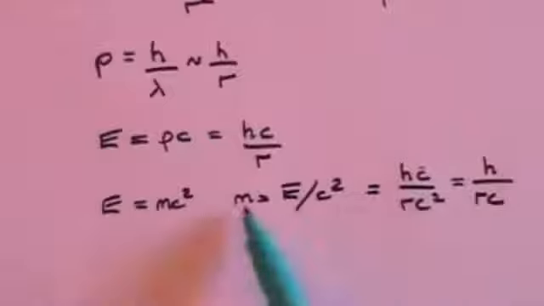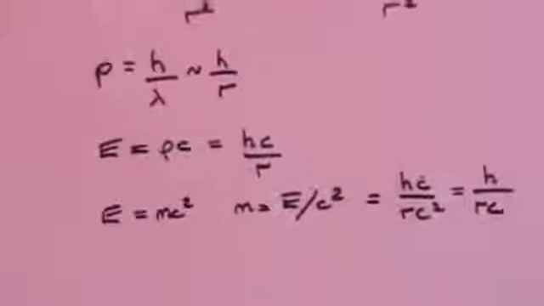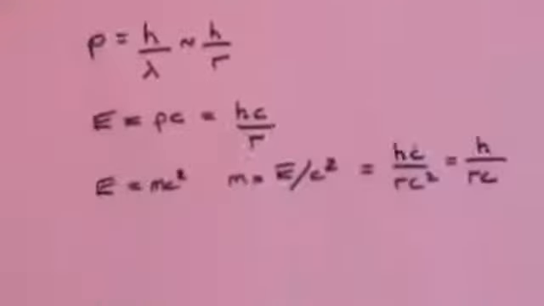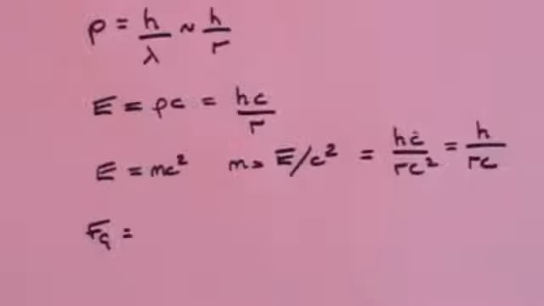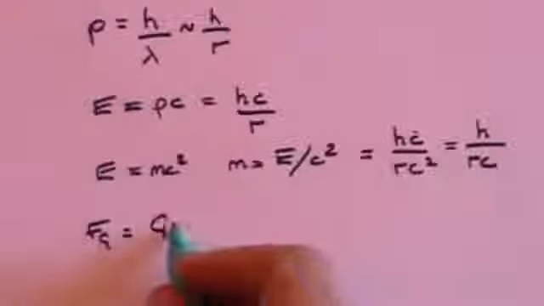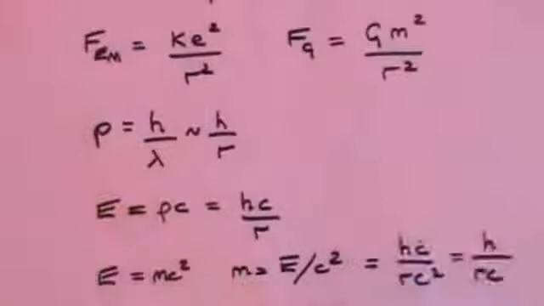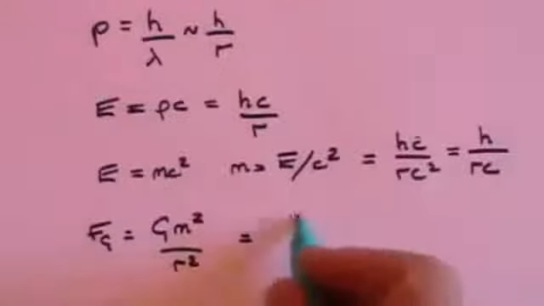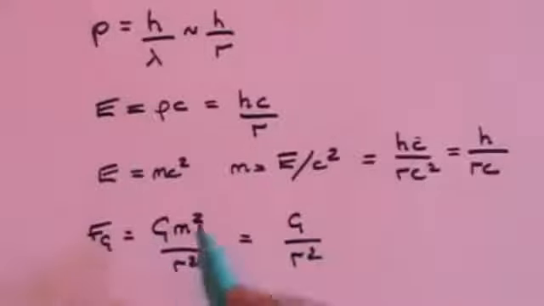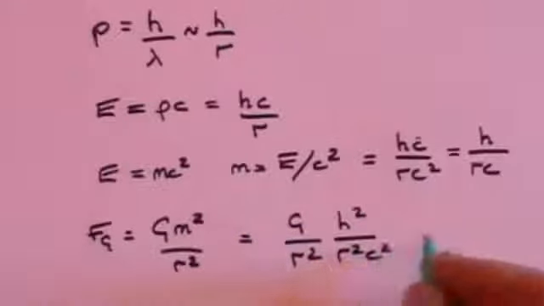So what I'm now going to do is take this m term, the mass of the electron, which I'm now asserting is h over rc, and put it into this equation here. Fg, the gravitational force between the two electrons, which remember we said was Gm squared over r squared, becomes G over r squared times m squared, which is h squared over r squared c squared.